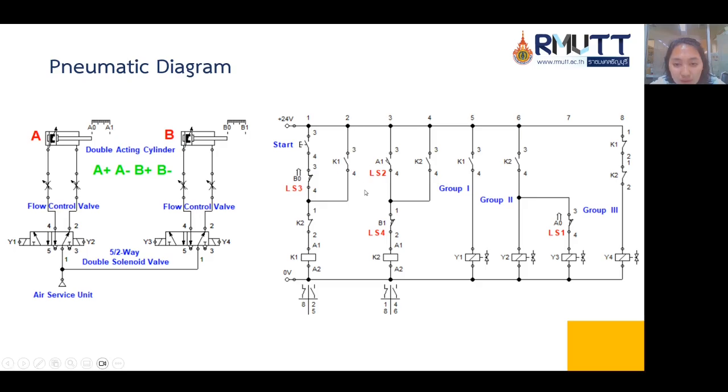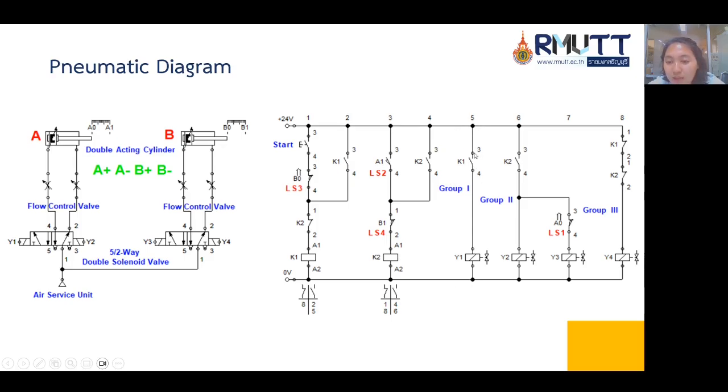This is for the latching, and then this is limit switch A1 or LS2, and this is the normally open contact of relay 2 with the symbol K2, and this is limit switch B1 or LS4, and this is the coil of relay 2 with the symbol K2, and this is the first group.